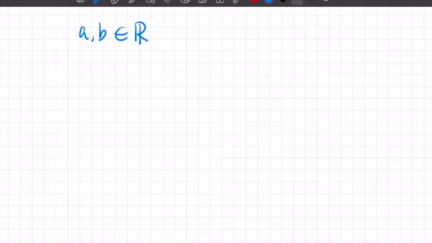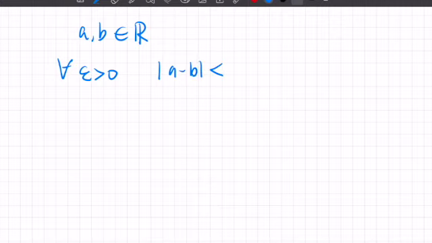And here's another example. Let A and B be some given real numbers. If for all positive real numbers epsilon, we have |A minus B| less than epsilon, then A is equal to B. Okay, so let's prove this.